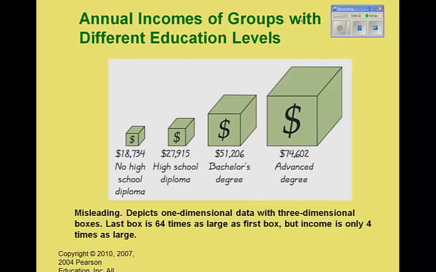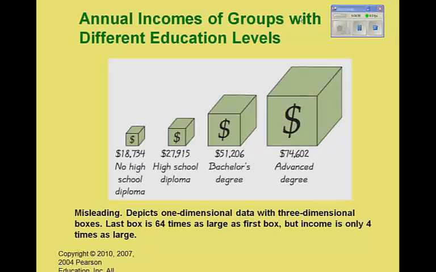A number is somewhere on the number line, right? That's one dimension. Two dimensions is if you have an x-axis and a y-axis. But how did they make the data look here? They made it look three-dimensional, right? Like we're filling our boxes full of money.